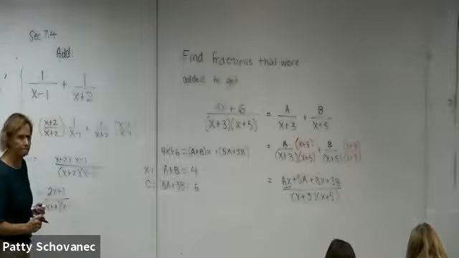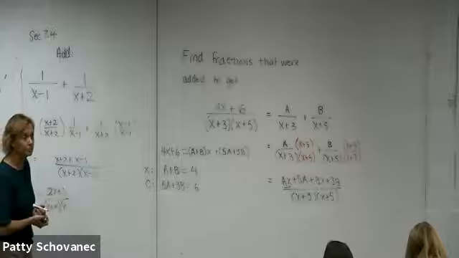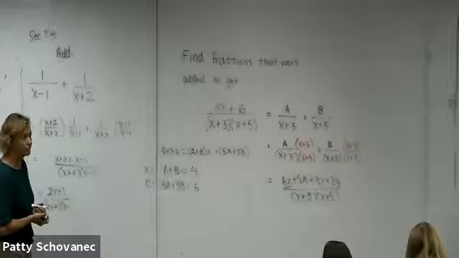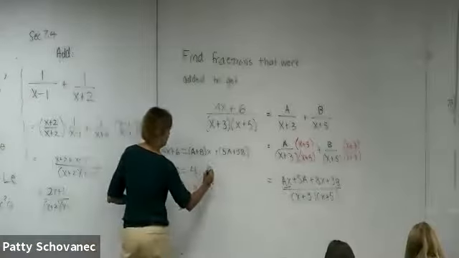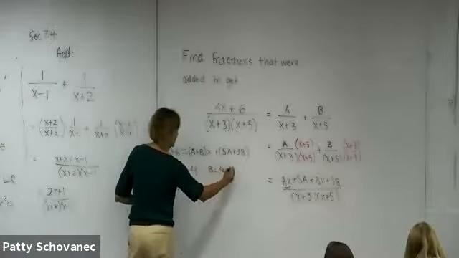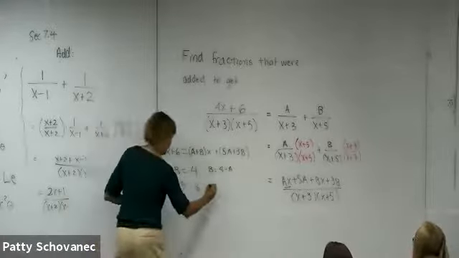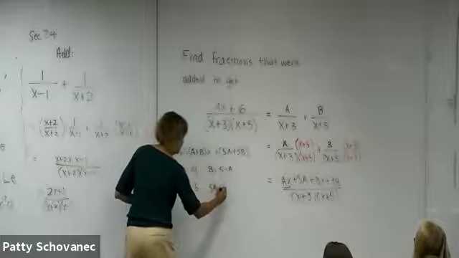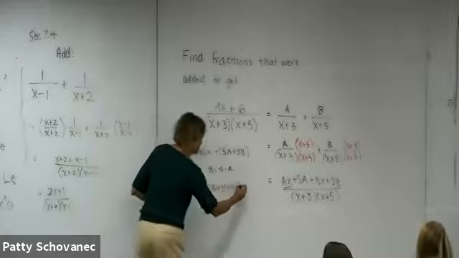Are you with me? All right, we have 2 equations and 2 unknowns. Solve for one, substitute it in the other. So how about we say that b is 4 minus a? Put that in where the b is. So I have 5a plus 3 times 4 minus a is equal to 6.